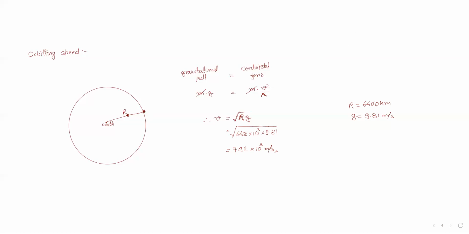The same concept can be applied to the speed of an object which is moving on, let's say, a curved surface. Let us say that this represents the road from the top view.